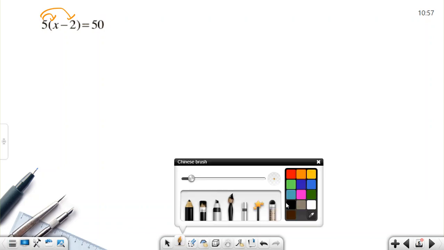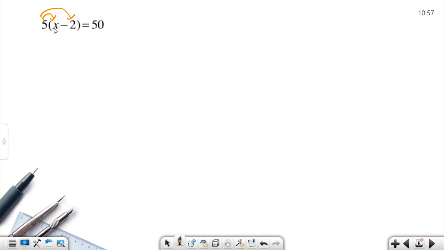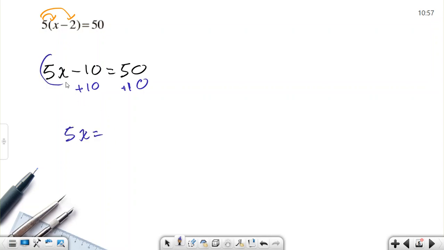So we can multiply 5 by all terms inside the parenthesis. 5 times x, 5x, and 5 times minus 2, it's minus 10. It's equal to 50. So what we have to do here, we need to add 10 to both sides. So 5x is the only term left with x, equal to 60.